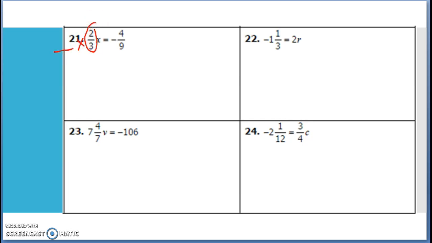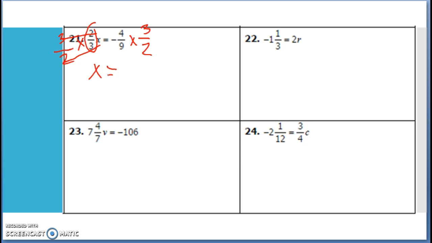But in order to cancel it out, we flip it, 3 over 2. And that's what goes to both sides. Because 3 times 2 is 6, and 6 divided by 2 times 3, or 6, is 1. So we have 1x.